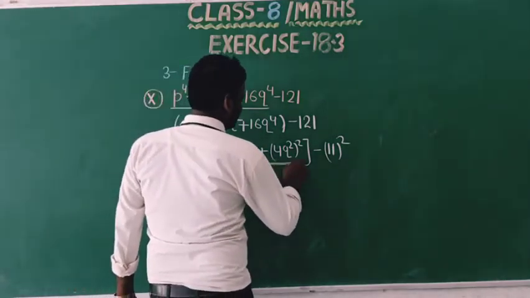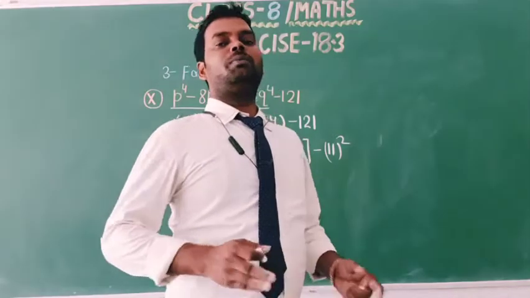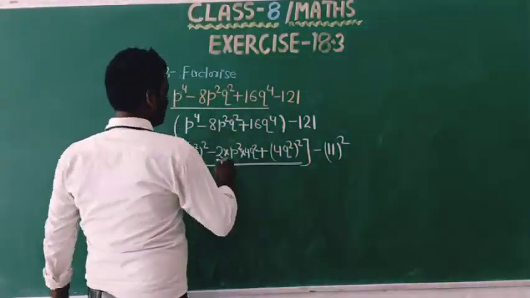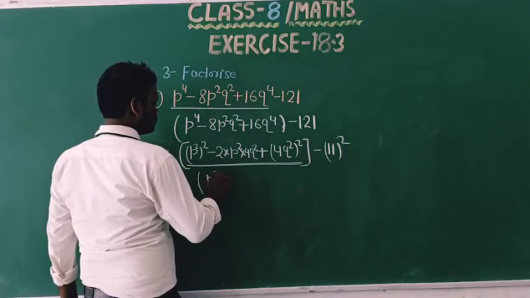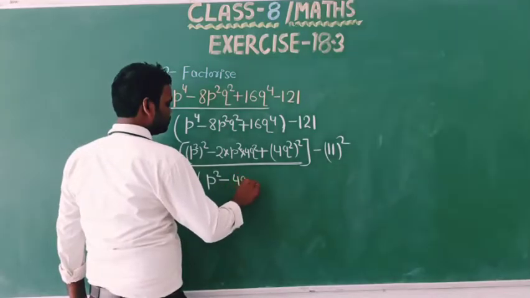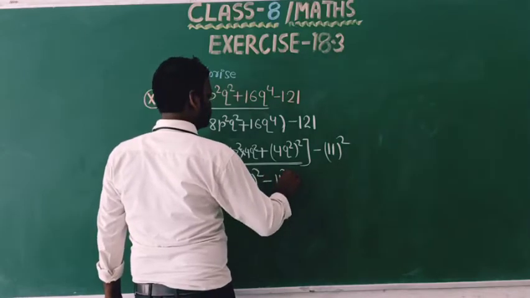So by using the identity a square minus 2ab plus b square equals a minus b whole square, this becomes p square minus 4q square whole square minus 11 square.